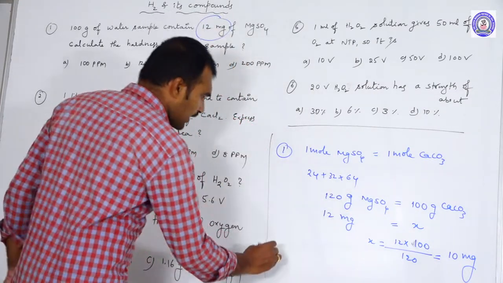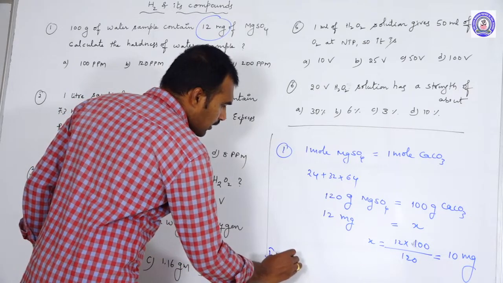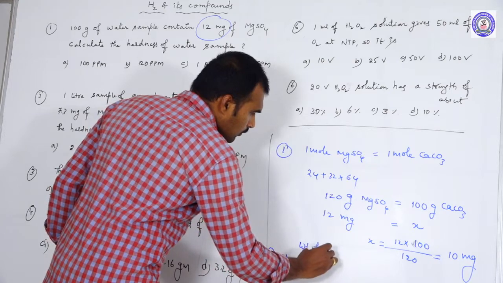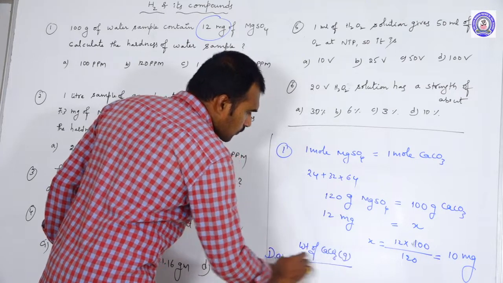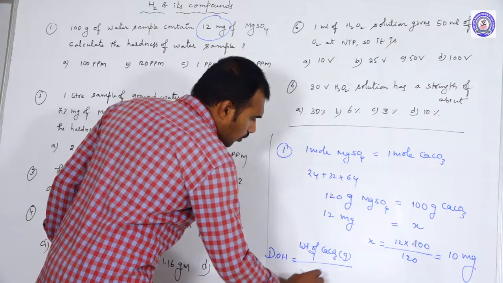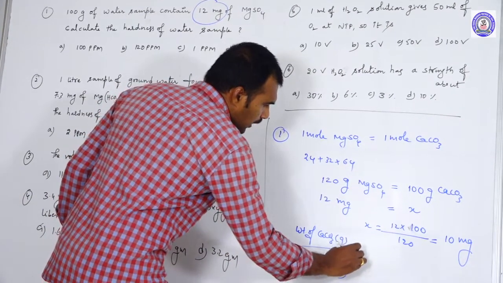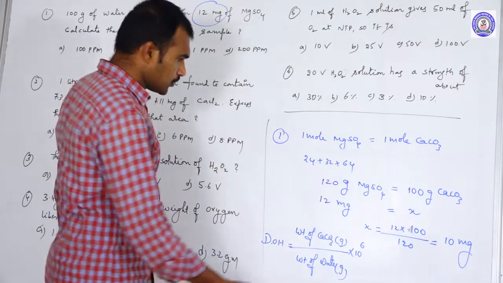Now what is the formula for degree of hardness? Degree of hardness is equal to weight of CaCO3 in grams by the weight of water in grams into 10 power 6. Substitute that.